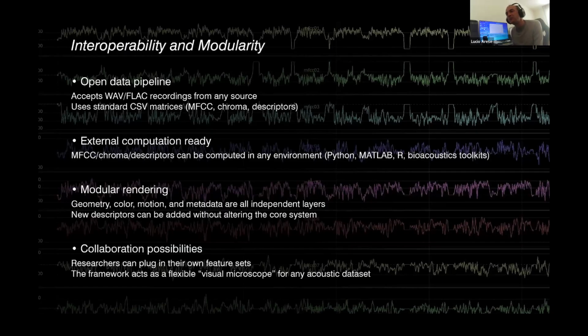This is a note on the fluidity of the framework, which is quite notable because there's interoperability between CSV data that can come also from other frameworks. Ideally, the values can be computed from other software, other toolkits.